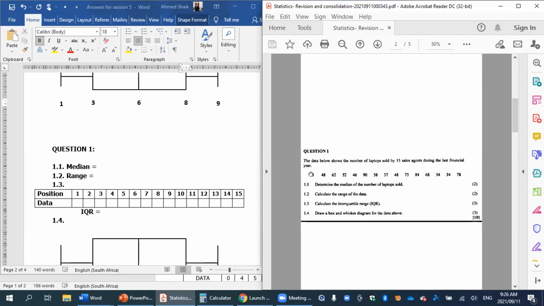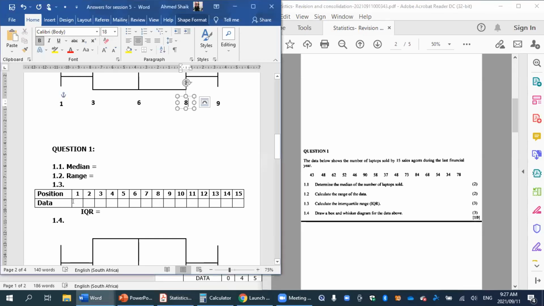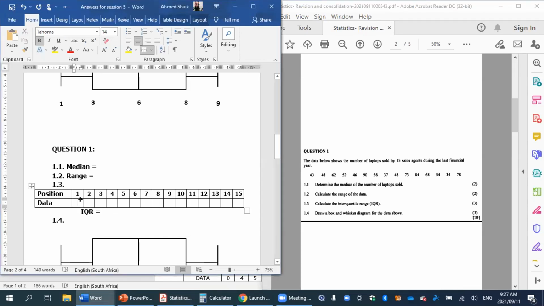And let's look at our data set. Our smallest value in our data set is 34. So I'm going to enter 34. The next value would be 37. And the next value would be 43.